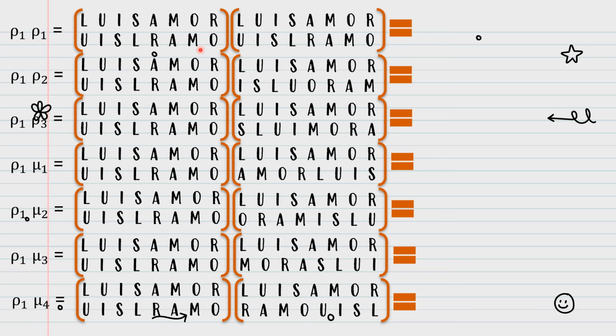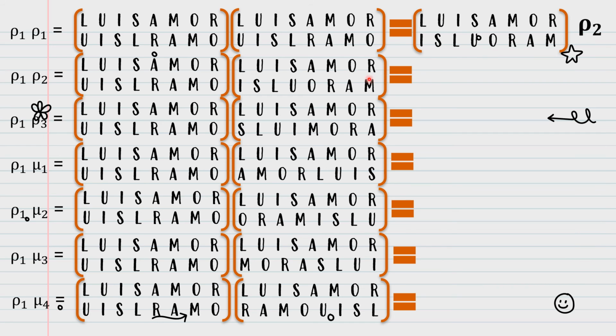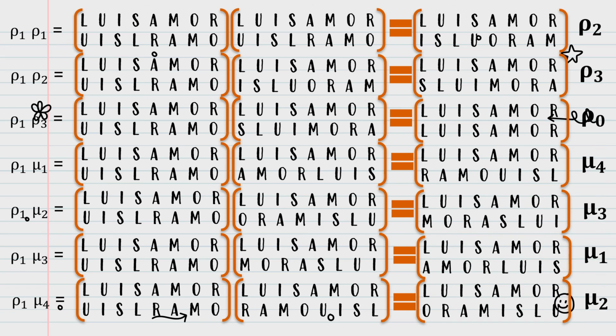Therefore, the result when rho sub 1 is multiplied by itself is this one. Notice that the result is equivalent to this one, which is rho sub 2. Therefore, the answer here is rho sub 2. By continuing the process, we will arrive at these results.